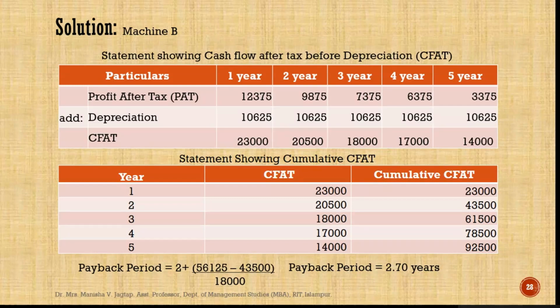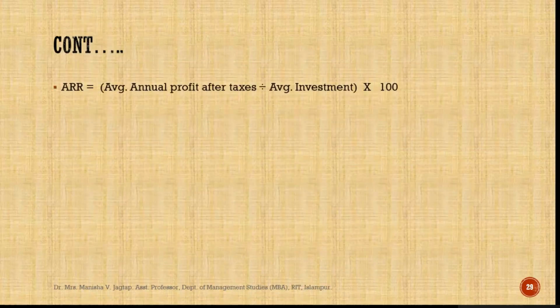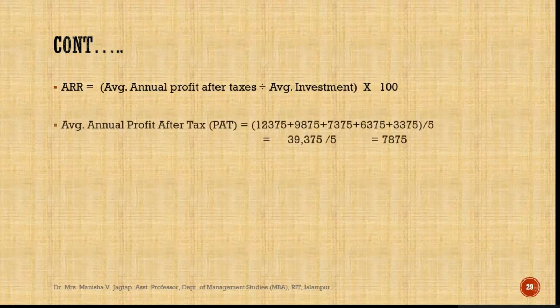Now, let us see what is the result of ARR method. Again, we are applying the formula for calculating ARR of this particular machine. You can see here the average annual profit after tax figure is same as of machine A, 7875.